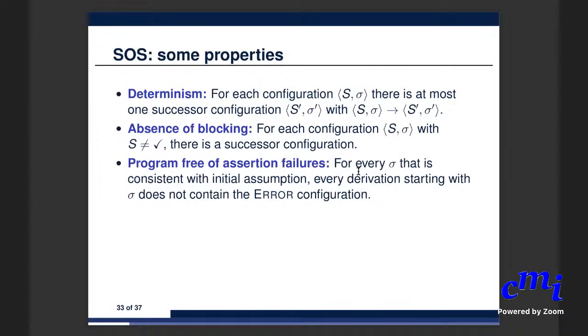So for every initial configuration sigma that is consistent with our initial assumption, every derivation sequence starting with sigma does not contain the error configuration. That's what you will have to ensure, either through proof or through automatic analysis methods. Okay, so these are the kinds of properties that we are interested in.